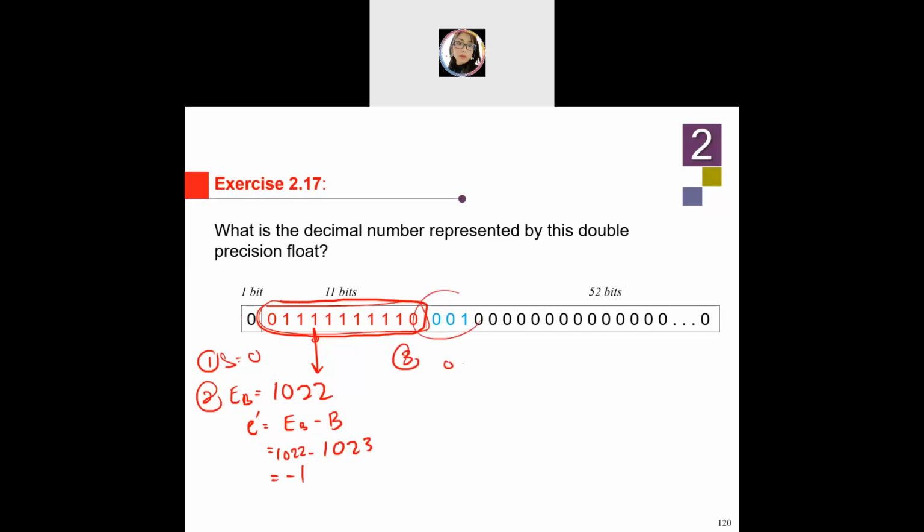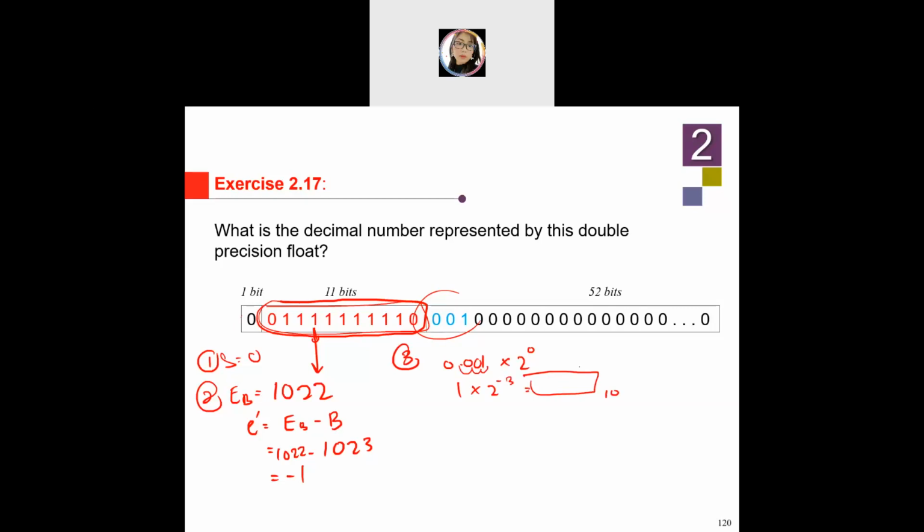Fraction. 0.01 01 times to the power of 0. 1 times to the power of -3. So you can solve it, get the decimal.